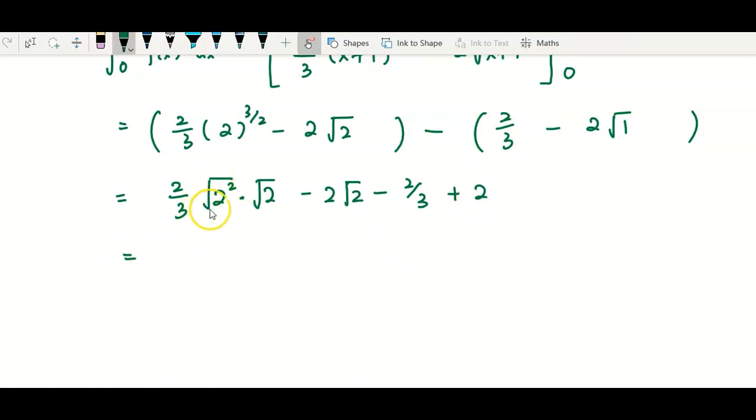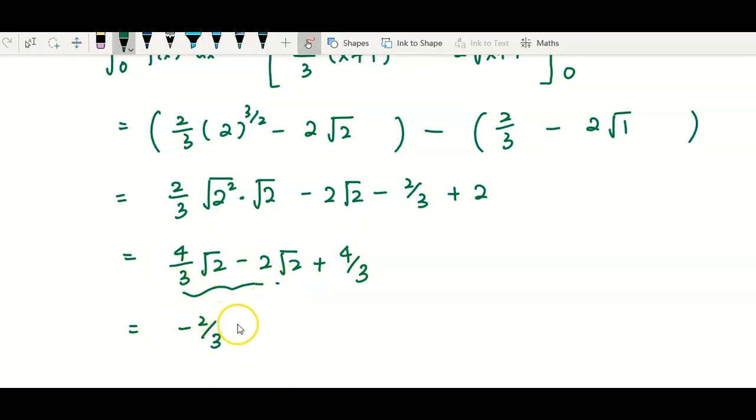Alright, this one is 2 because the square root of 1 is 1, so you got 2. 2 multiplied by 2 over 3, you got 4 over 3 square root of 2, minus 2 square root of 2. Alright, and negative 2 over 3 plus 2, you got positive 4 over 3. So these two are like terms. We can simplify it. You have negative 2 over 3 square root of 2 plus 4 over 3.